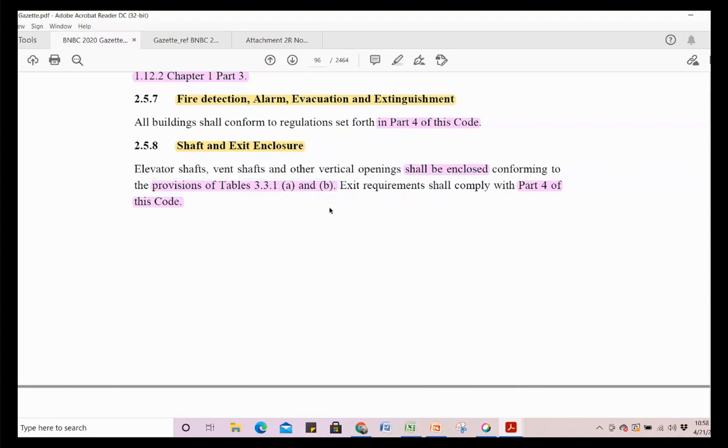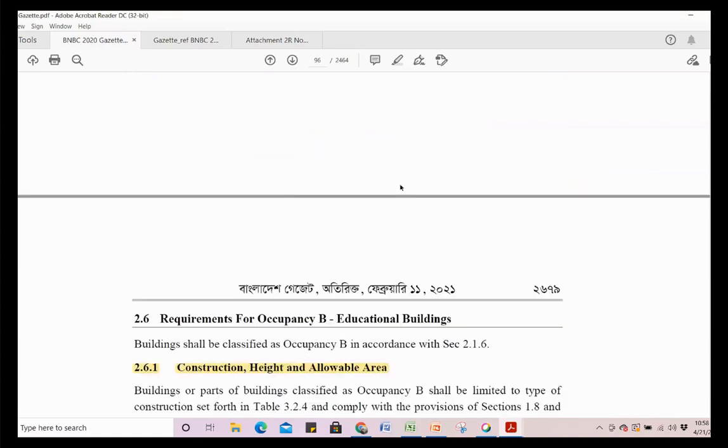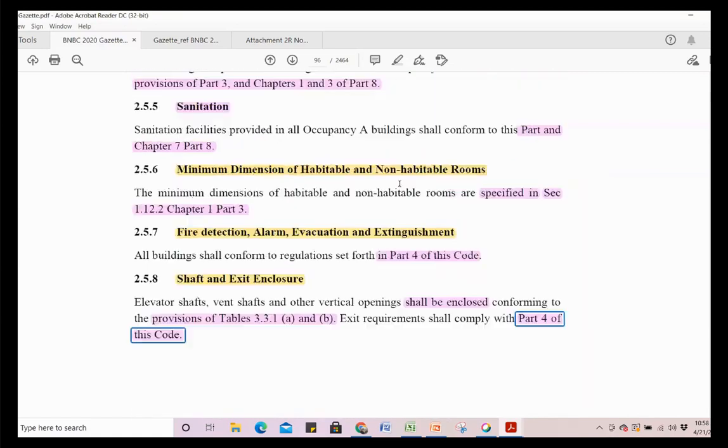So there is a table for particular shafts and vents, and we have to comply with that. And exit requirements shall comply with part 4 of this code. So there are some exit requirements regarding these shafts and exit enclosures in part 4. We must consult that.